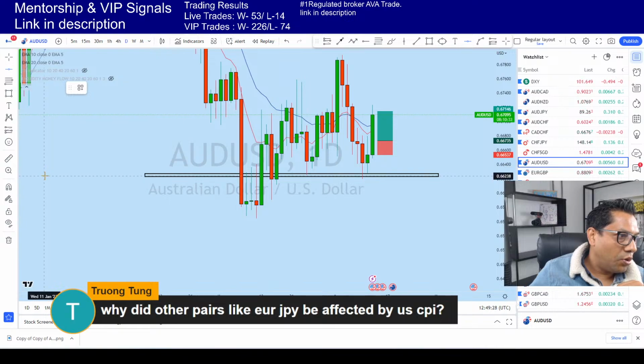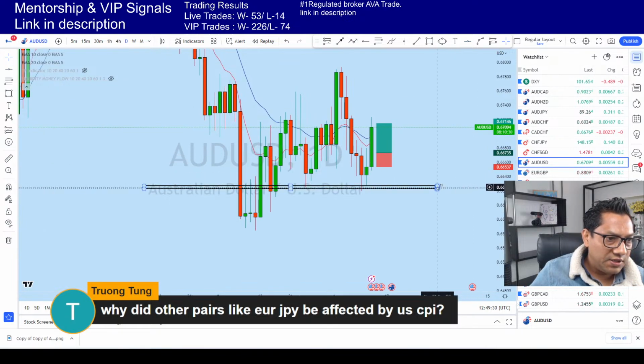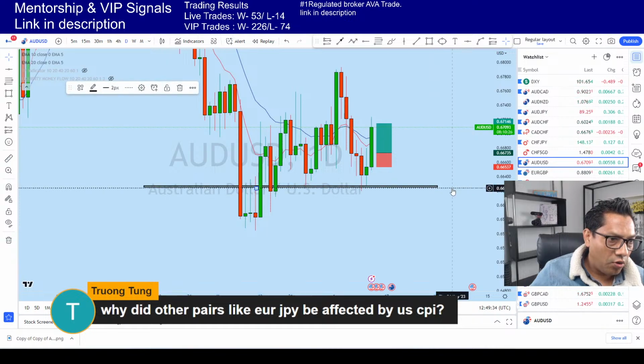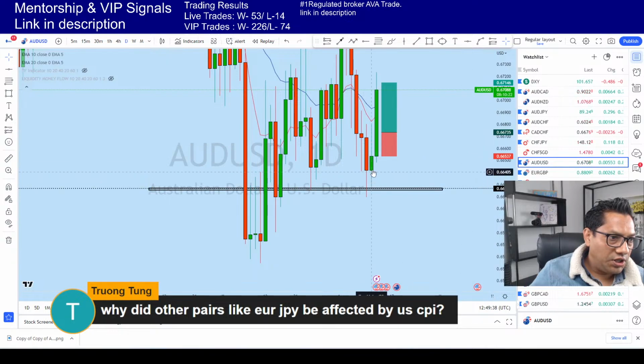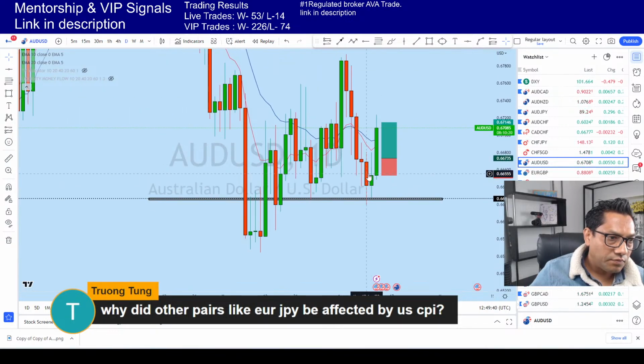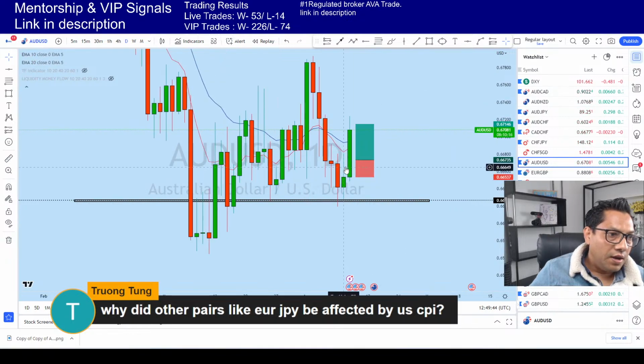From this support on the daily, we have seen this big daily candle form. This is the daily doji here, followed by another daily candle so far. When this daily doji formed, this is where it was a bullish market.